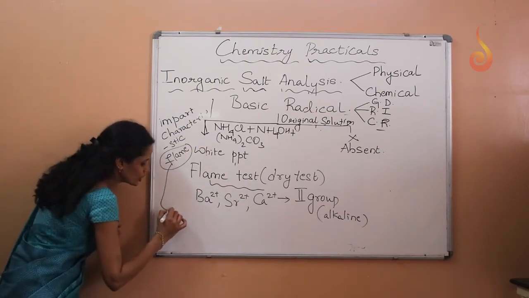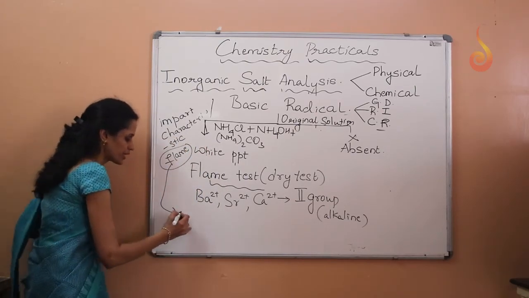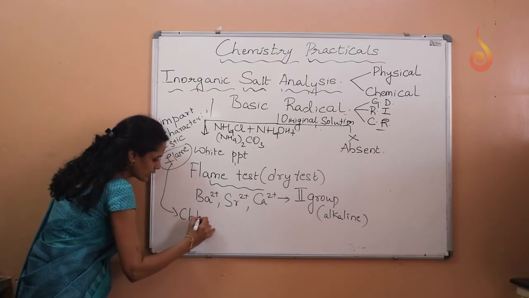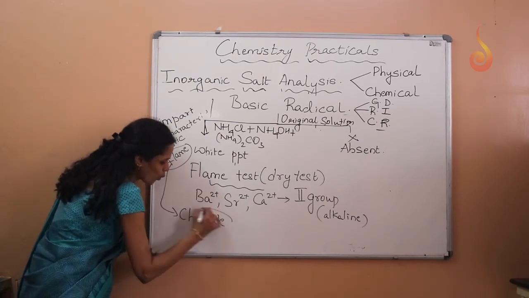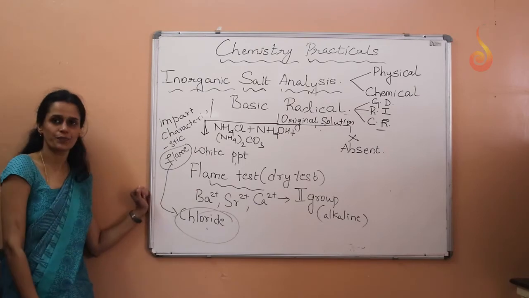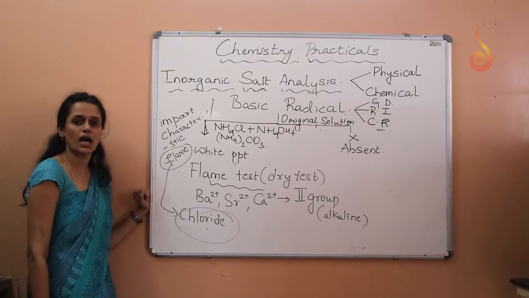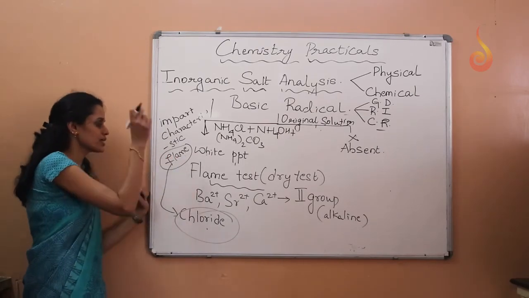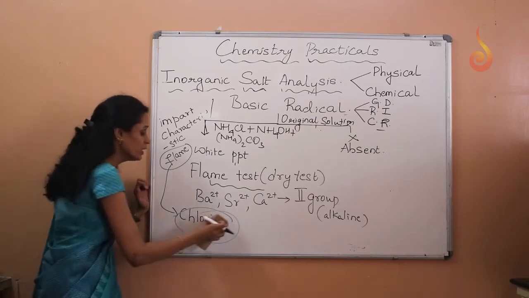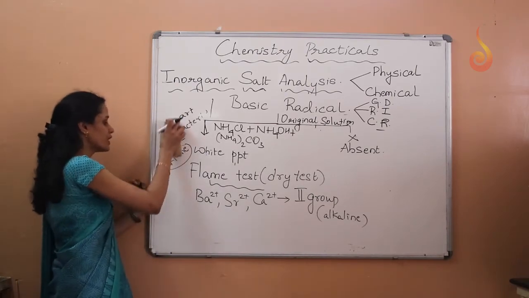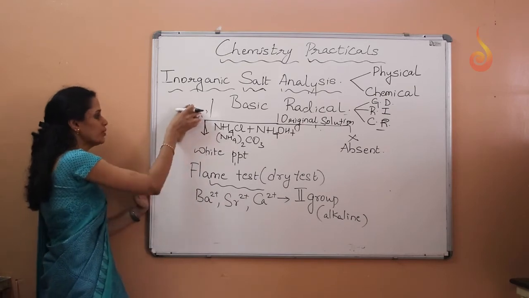Why? Because during that particular test, there is liberation of volatile chlorides. So that's the reason we observe characteristic colors whenever we perform the flame test.